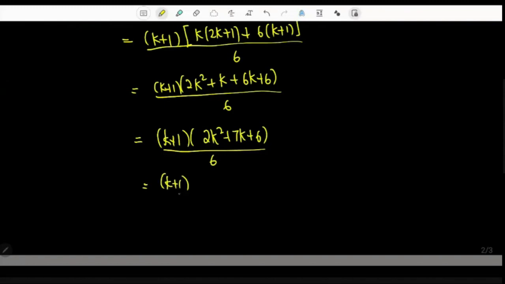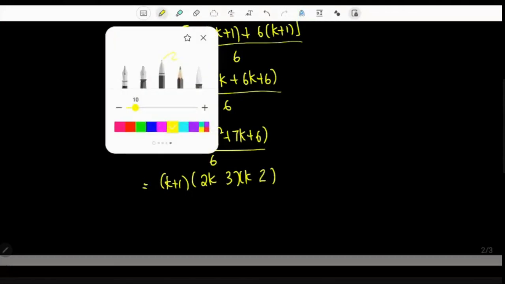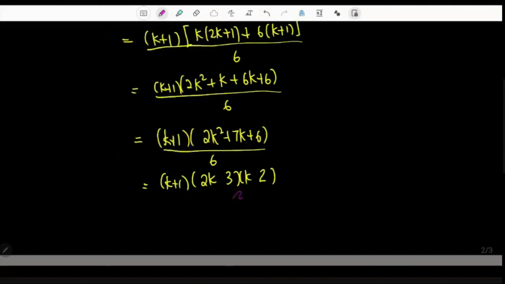Now, observe that the second factor is factorable. So we can factor that as (2k)(k), and the factors of 6 are either 1 times 6 or 2 times 3. So let's take 2 and 3. I put here 3 and 2, then check if that indeed is the same as our original expression. 2 times 2k is 4k, and 3 times k is 3k.